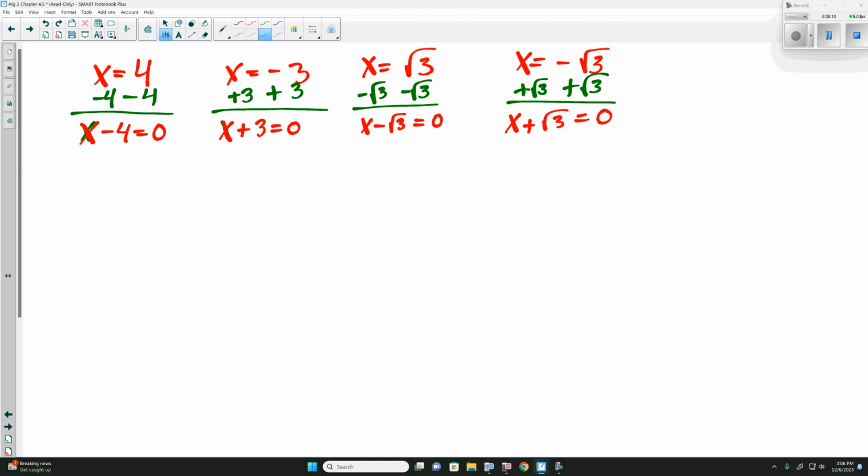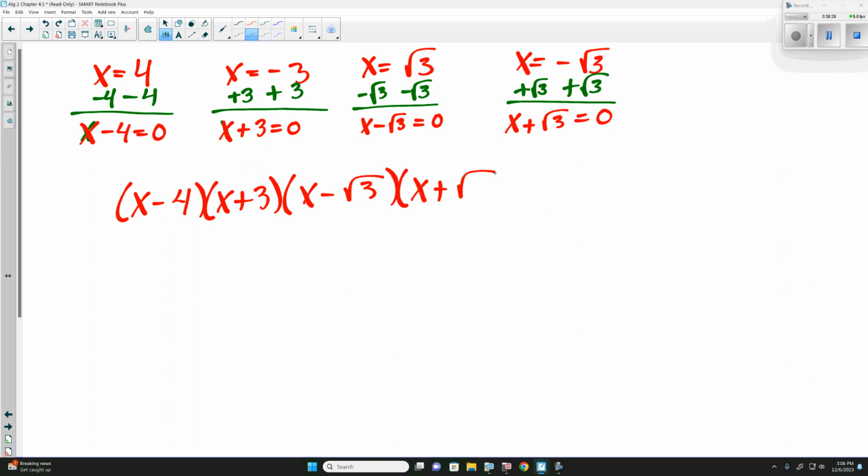Because those are not irrational. Are radicals that don't reduce. Now at this point here, we're going to multiply all 4 of them together.